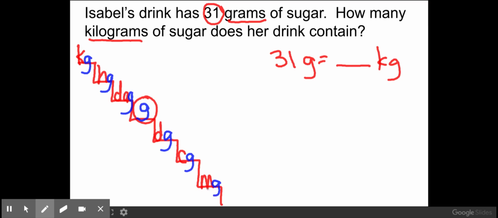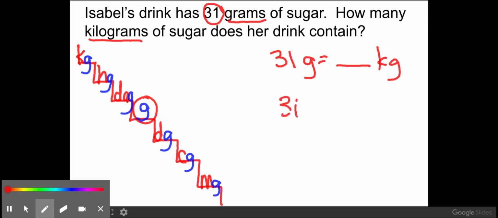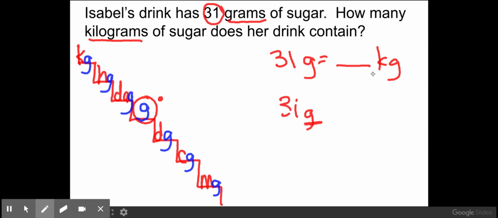And I'm going to put a G for grams, like kilograms, hectograms, at the end of each letter, each step. Now, I'm going to take my 31. Okay, and I know that I'm dealing with grams, so this is where I'm starting. And I'm going to go to kilograms, so I'm moving up the ladder. How many times? 1, 2, 3 times.